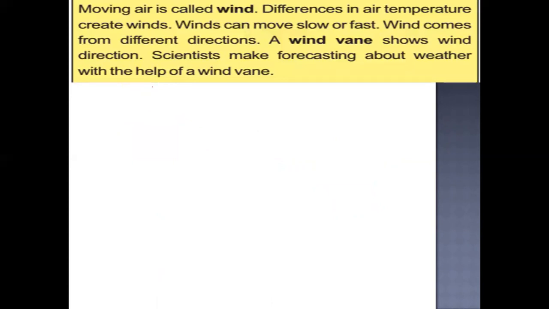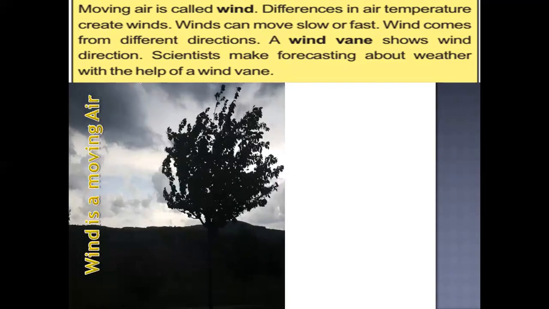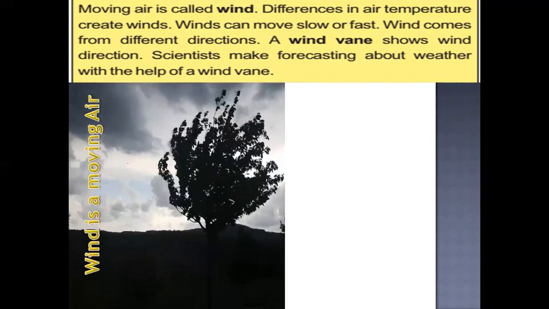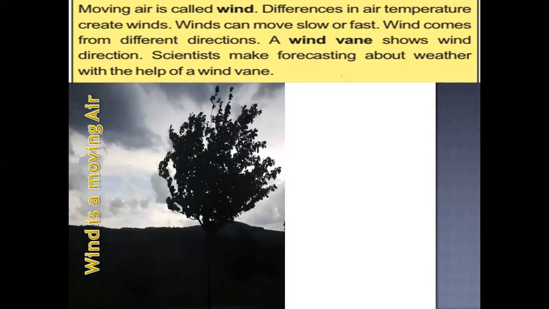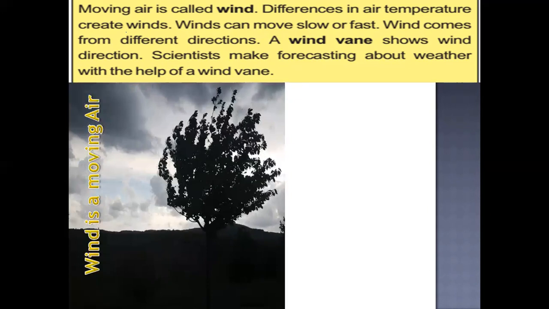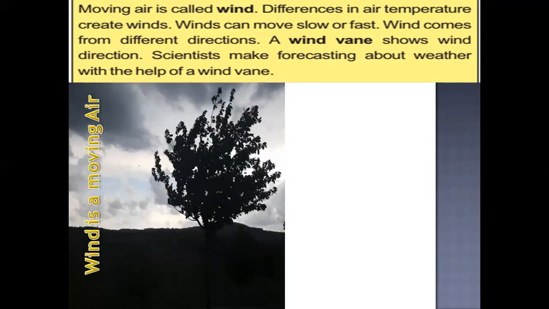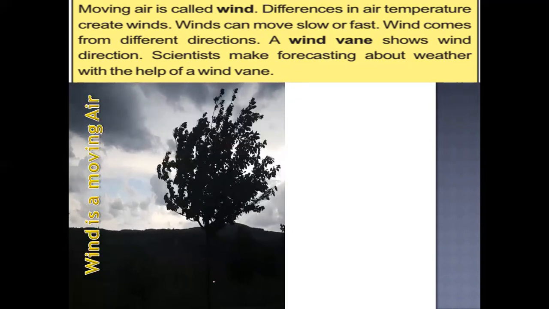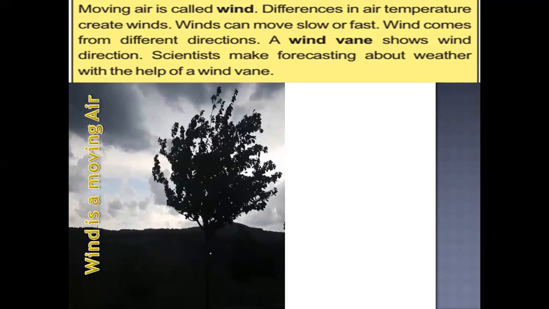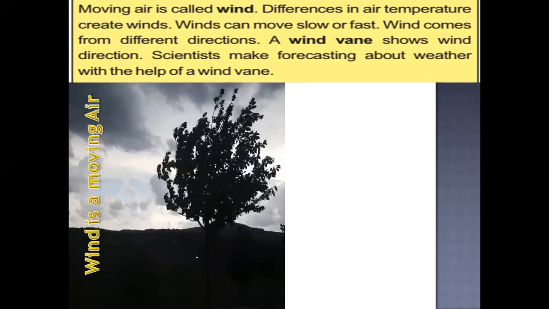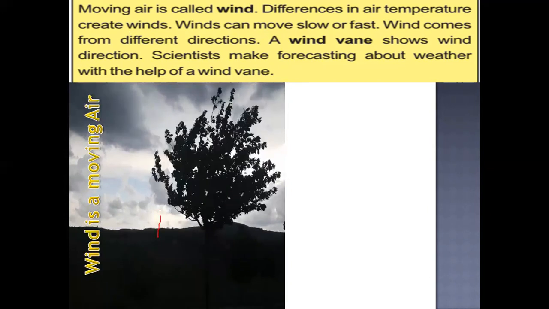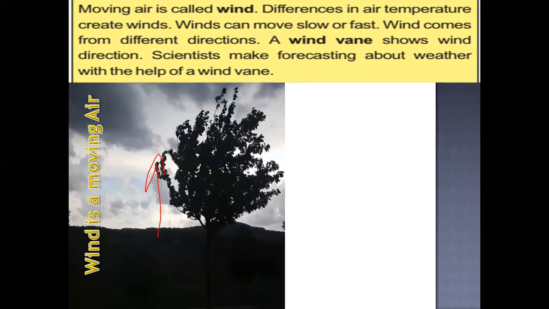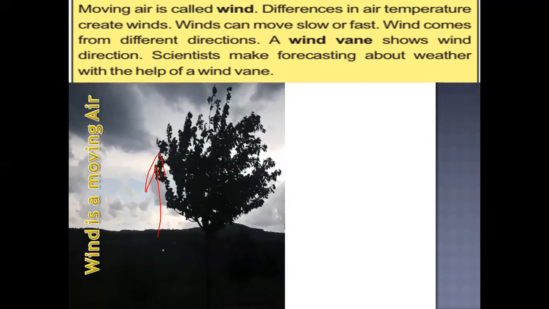A very important characteristic of the air is wind. Moving air is called wind. Differences in air temperature create winds. If the air or the layer of troposphere is warm and the temperature is high, this warm air moves up, and a vacuum is created there.